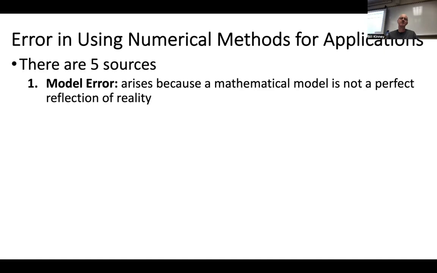There's model error. This arises because the mathematical model is not a perfect reflection of reality. A prime example being the example we did with free fall and air resistance. We have no idea if that model we talked about at the start of class today is going to apply directly to a certain situation with a certain ball or a certain feather.